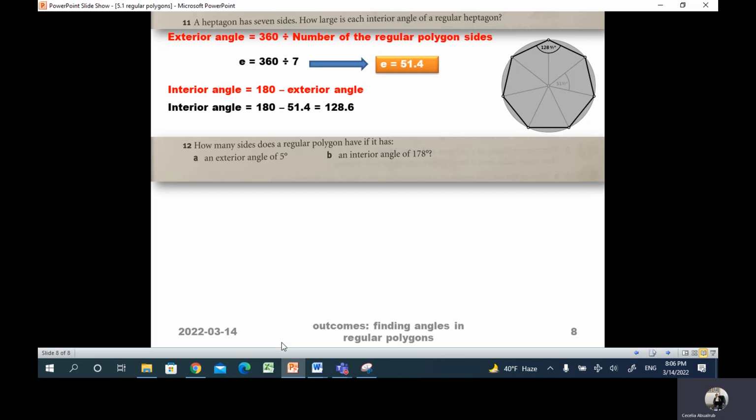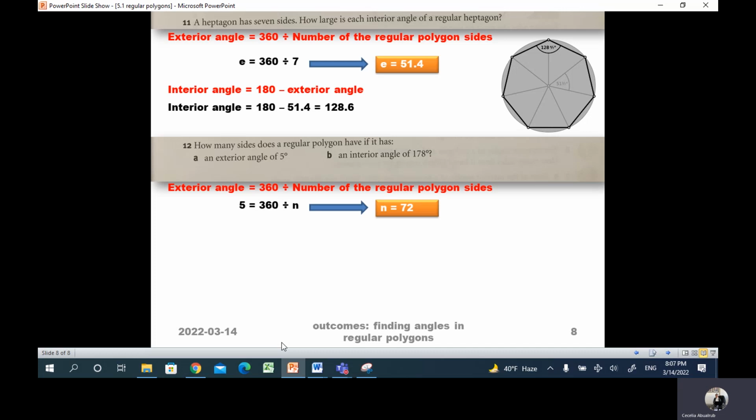So the 2 rules are E is equal to 360 over N and I is equal to 180 minus E. So if the exterior angle is equal to 5, so E is equal to 5. So we're going to replace E with 5, equals 360 over N. And if you apply opposite operations, you're going to end up with N is equal to 72.